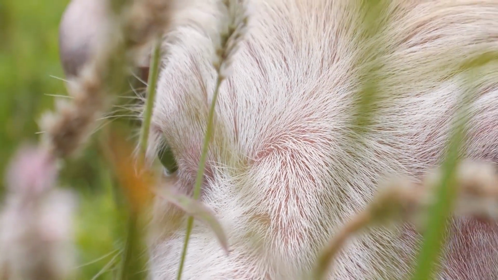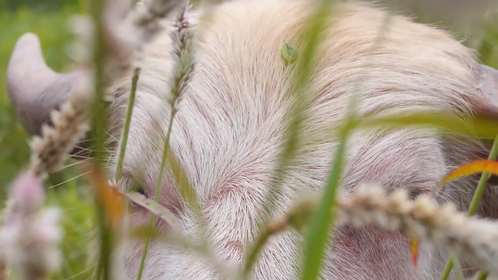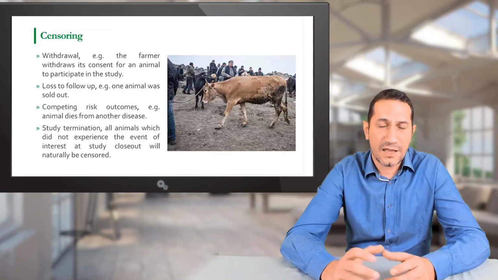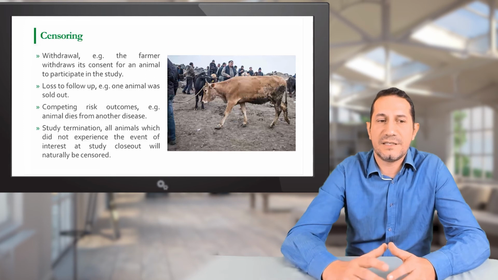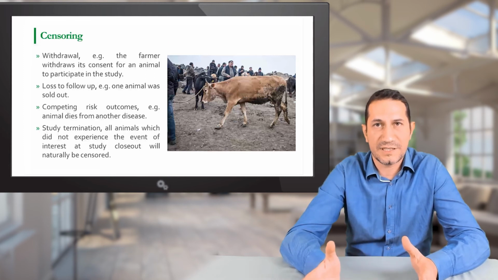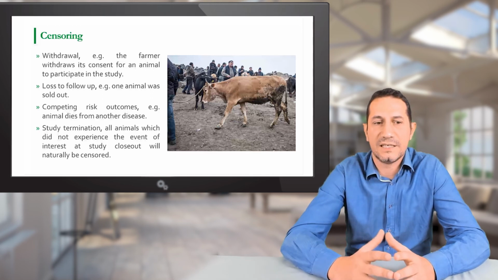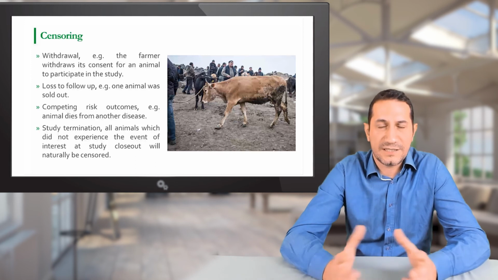But it could happen also about competing risks, so animals die from other reasons or other diseases. And another reason for censoring is that the study finishes and all the animals which did not experience the event of interest at the closeout of the study will be naturally censored.